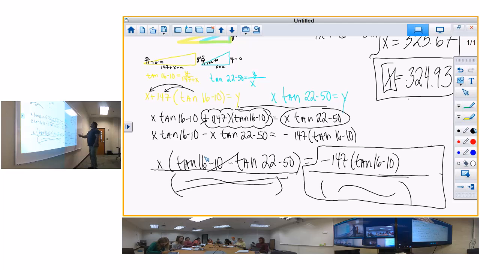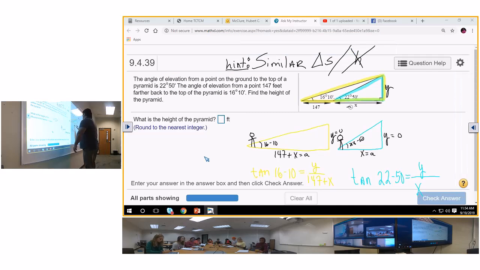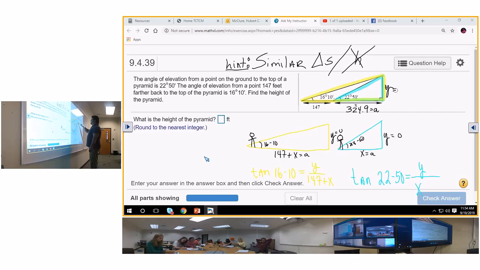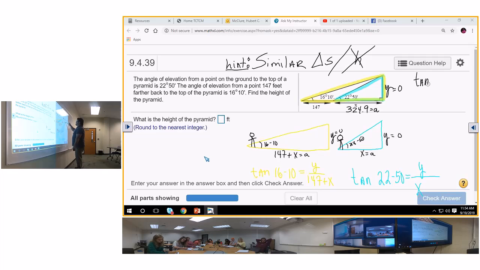I'm going to get out of this, and we're going to say X is equal to 324.9. Now you can find what? Y. Because now you've got A, you've got O. You're trying to find O. Oscar had a hunk of apple. So the tan of 22.50 is equal to O over A, which is O over 324.9.